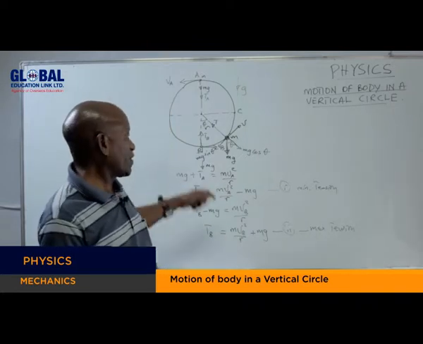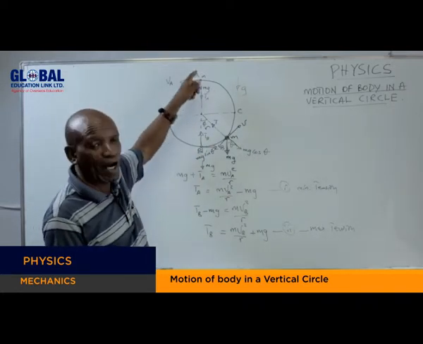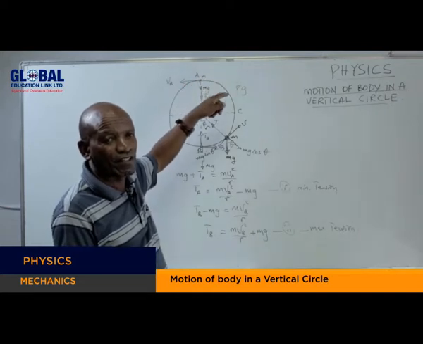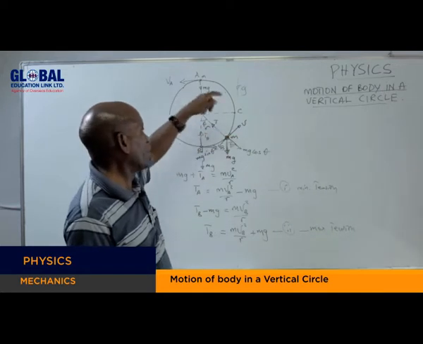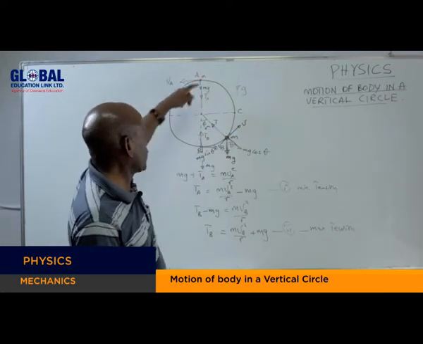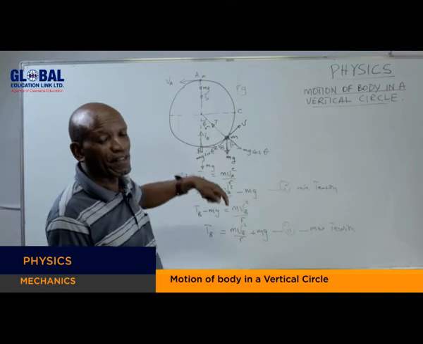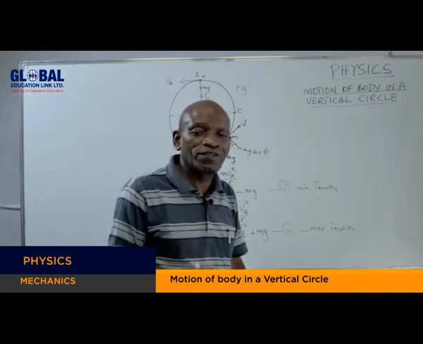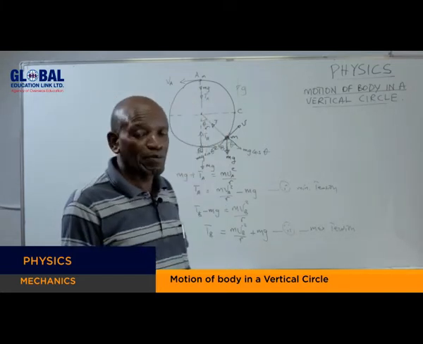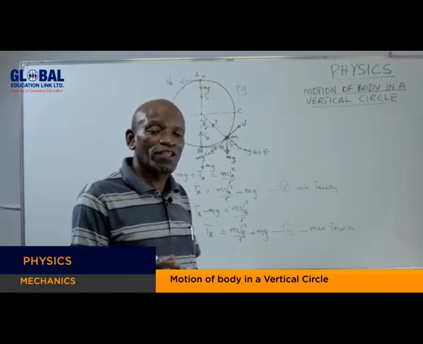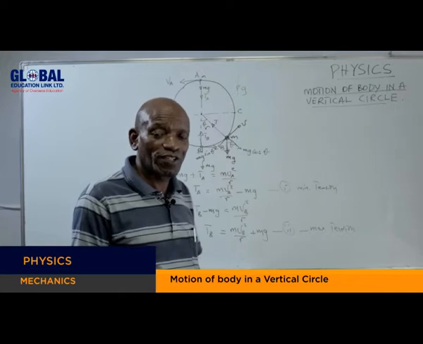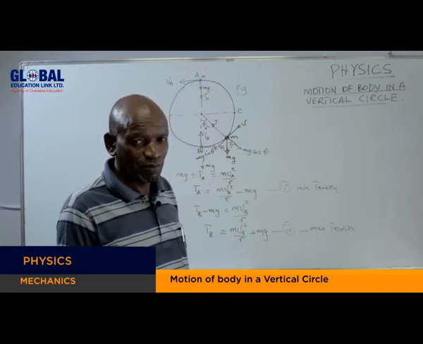Why? Because as the body is moving upward, the gravitational force opposes its motion. And whenever a body is moving downwards, say from point A to point B, the gravitational force supports the motion. Therefore there is a variation of motion, and the motion of a body in a vertical circle is not uniform.